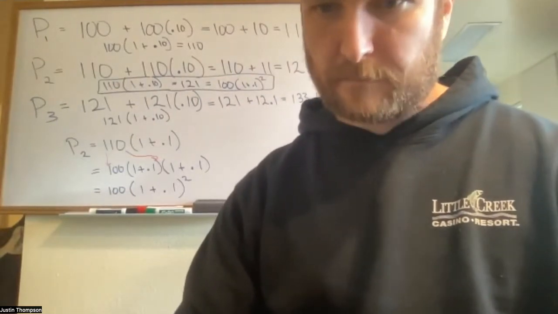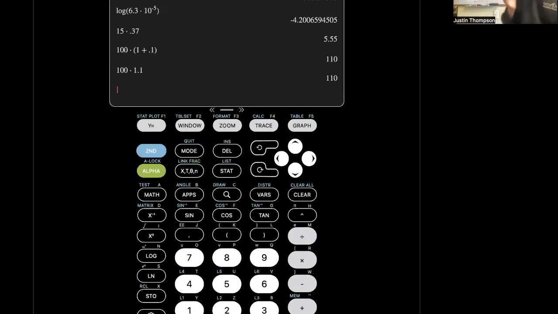Go to my calculator. Okay, we said that 110 times 1 plus 0.1 should be 121. Yes, it is.